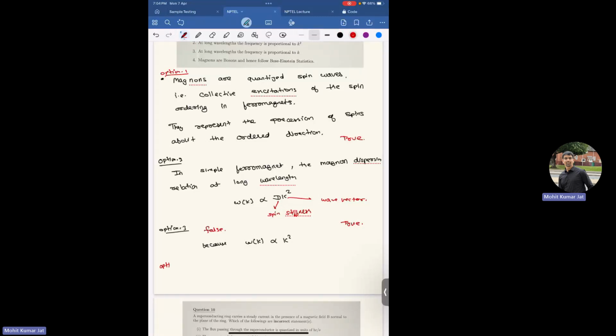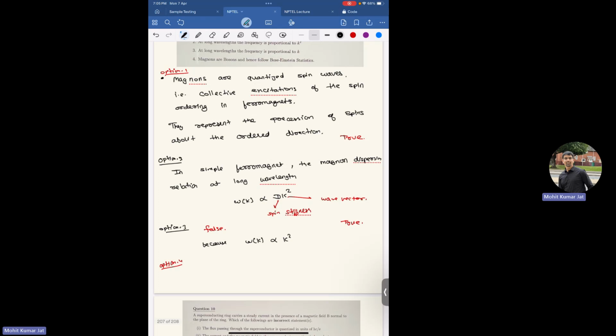Option 4. Magnons are bosonic quasi-particles and obey Bose-Einstein statistics.